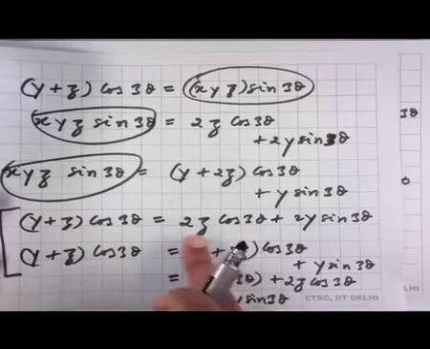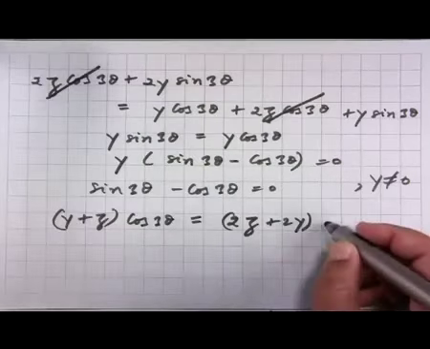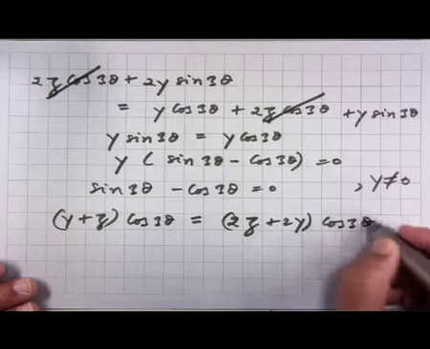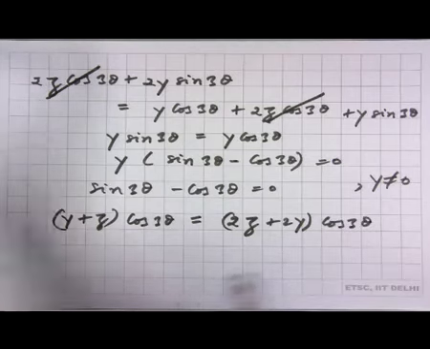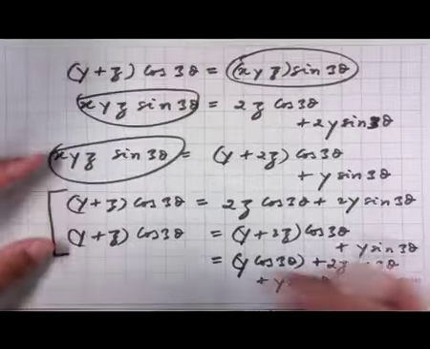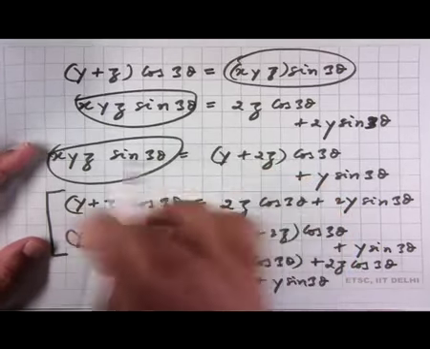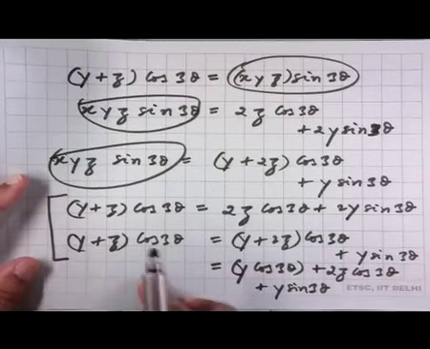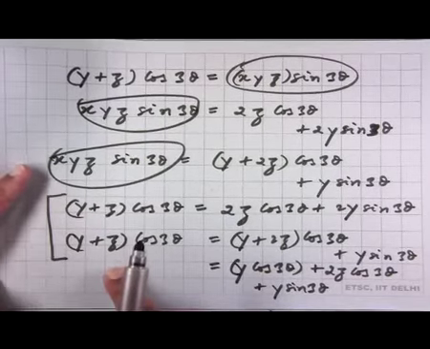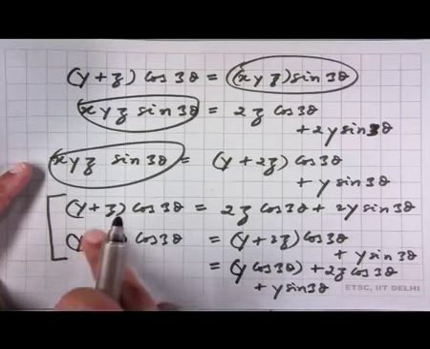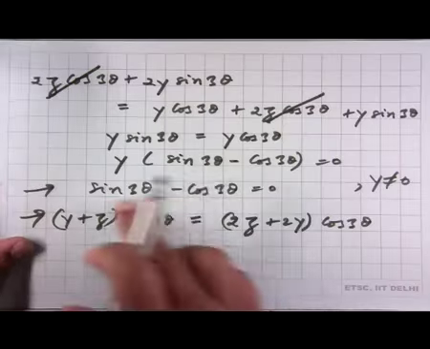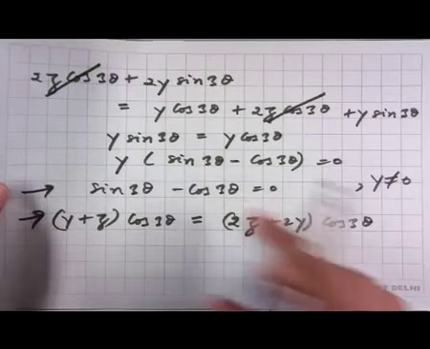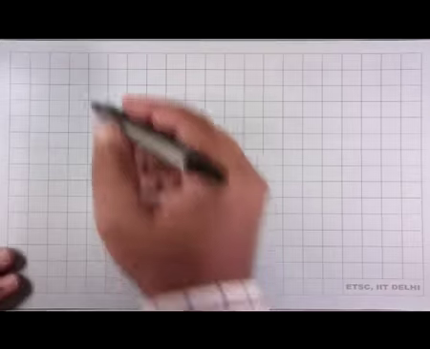So, we can write it as 2z plus 2y times cos 3 theta. So, essentially what we have now is that these two equations are equivalent to these set of two equations. Of course, we are using the fact that the solution set is such that y is not equal to 0 and neither is z.